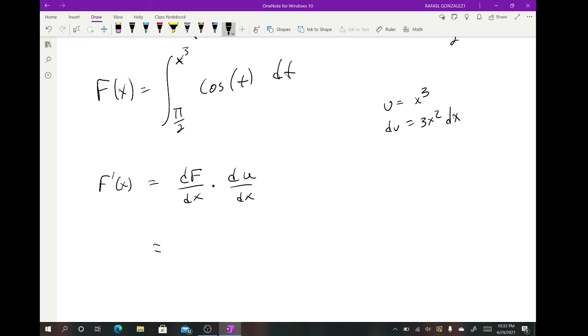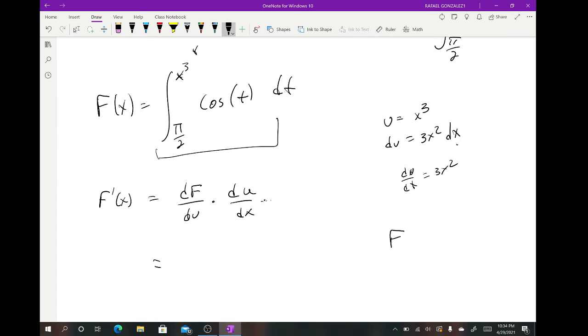We know what du dx is equal to. It's right here, from the substitution that I did. If you divide both sides by dx, you have du dx is equal to 3x squared.